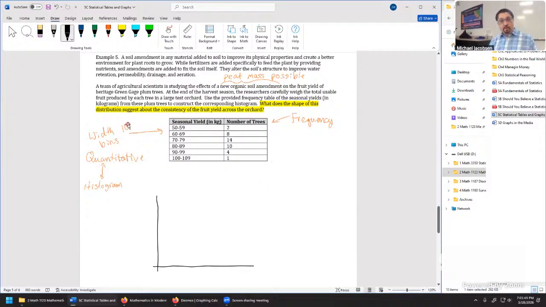We could have done different widths and it would have been a different graph. So that's also an interesting thought about the histogram. The actual graph you get is highly dependent on the categories, which is based upon the bin width. We don't want that width too small because then it's going to look like a sawtooth pattern. We don't want it too big because then there's just going to be one bar in this display. But there's some carryover from what we did before. Going this way is going to be frequency.